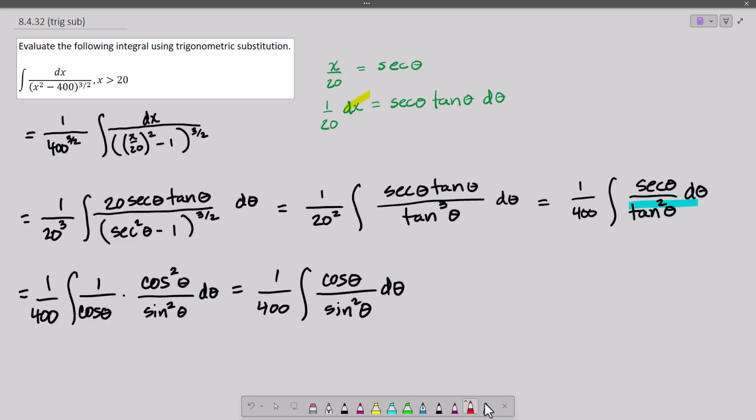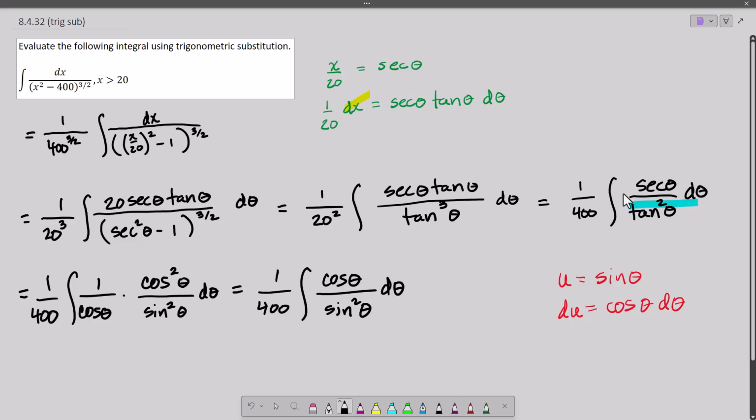If we let u be sine of theta, the derivative of sine is cosine, which is the numerator. So that's perfect. U substitution works when whatever you let u equal, its derivative is somewhere in the integrand. So that's all great news.